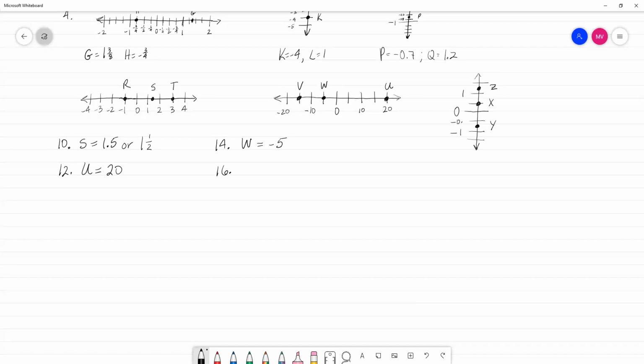So if you want, you can label that as -1/2, which means that halfway between half and whole, or 0.5 and 1, is 3/4. So you could write Y as either -0.75 or -3/4. Either way, same thing.